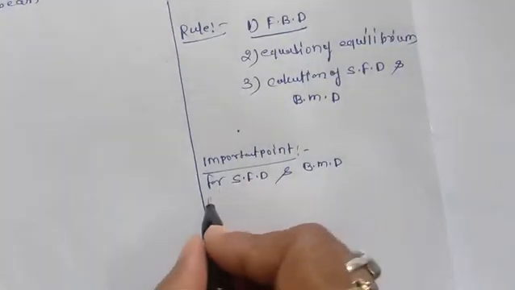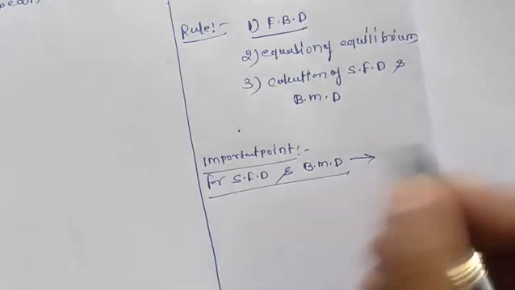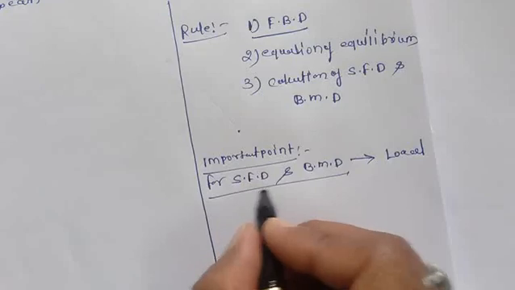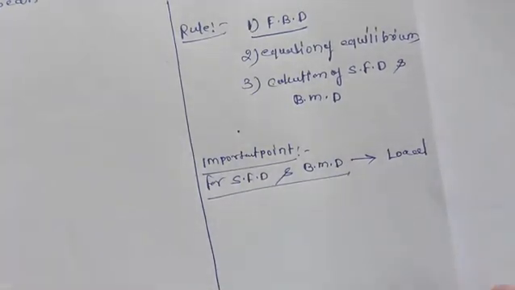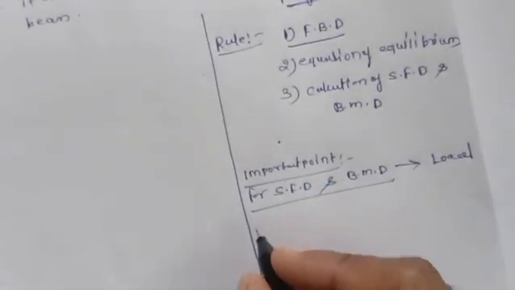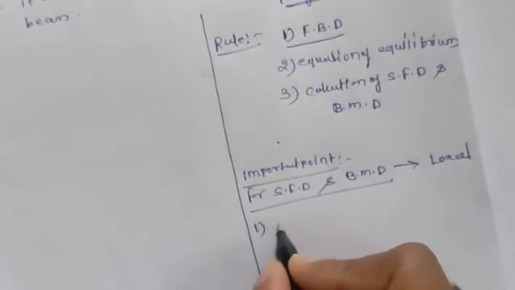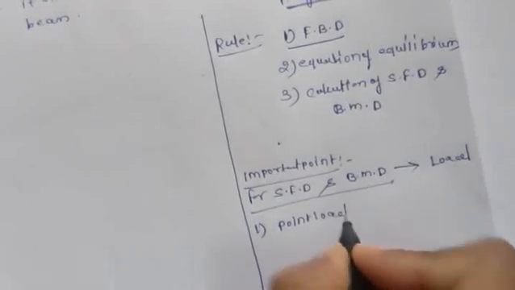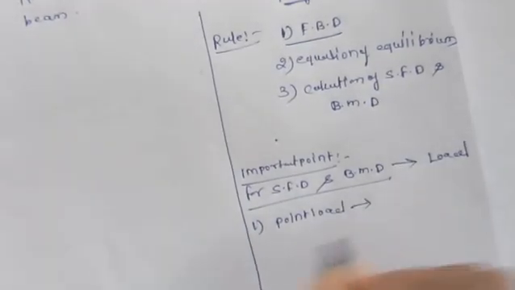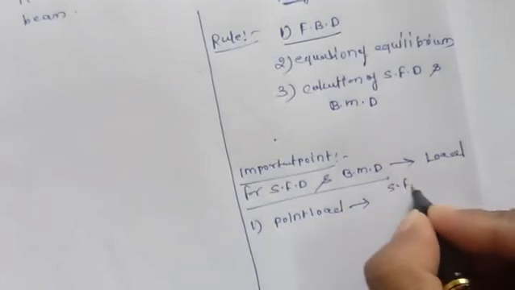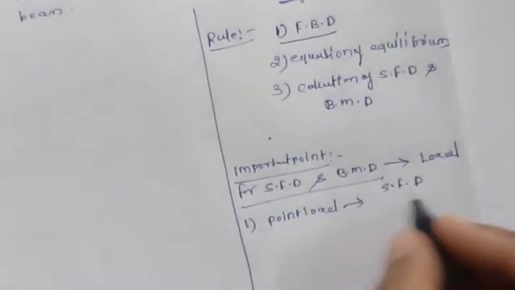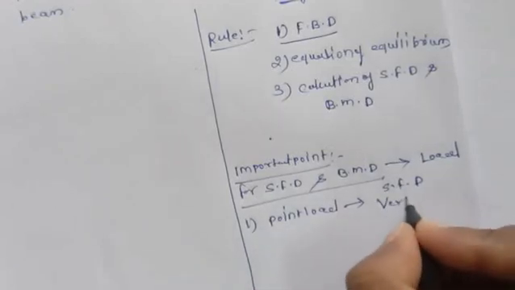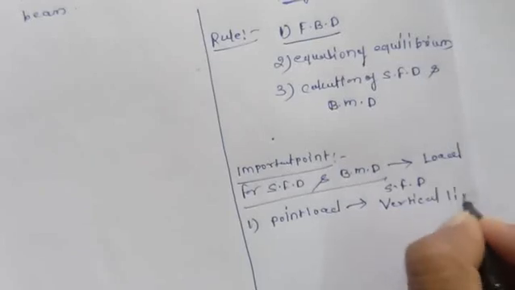Another important point to keep in mind for drawing the shear force diagram and bending moment diagram is with respect to the load: when we apply any load, how to draw the diagrams. First, if a point load is there, the shear force diagram will be a vertical line, only a vertical line.